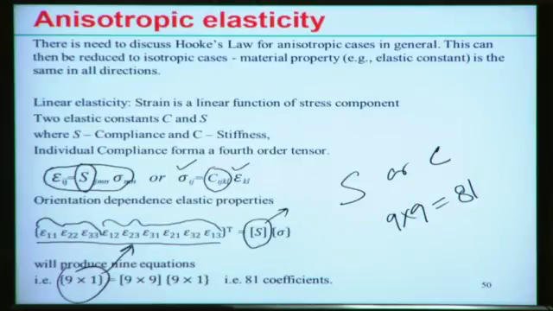Then we introduce the compliance term S, that should have total dimension 9 by 9, and the stress also has 9 by 1 elements.